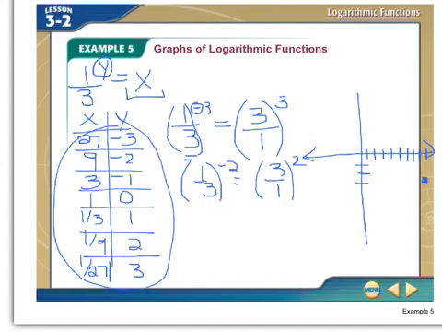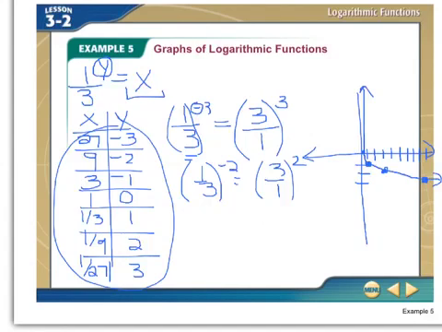Since I counted by 3's here, 3, 6, 9, I'd be down here at -2. At 3 I'd be at -1. At 1 I'm at 0. At 1/3 I'm at 1. My function looks something like this.